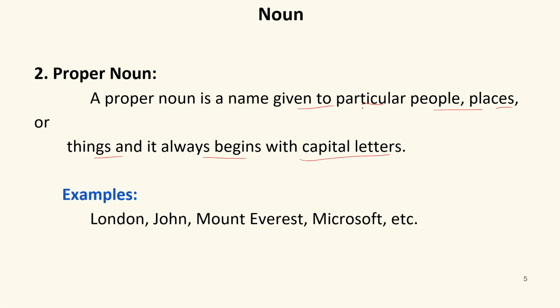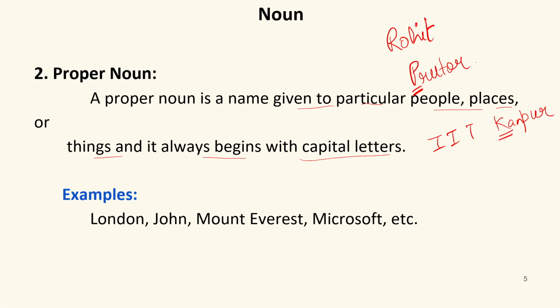When I write any name, like my name, your name, or anyone's name, it should begin with a capital letter. For example, if I write Rohit, it should begin with R in capital letter. If I write Prutor, it begins with P. If I write IIT Kanpur, Kanpur must begin with K in capital letter.